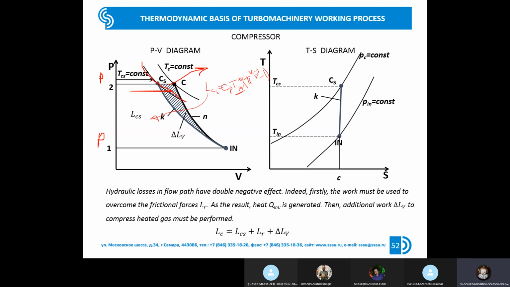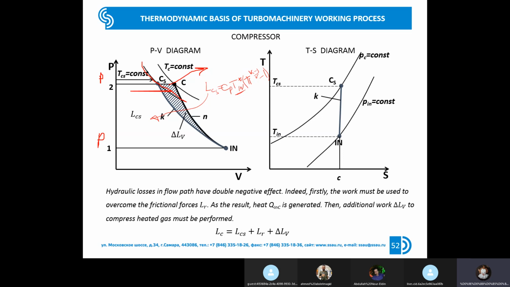That's the second payment. And the area of the triangle will be the additional work for compressing more heated gas. It's really impressive because we have one problem, losses, and we are paying twice for these losses.